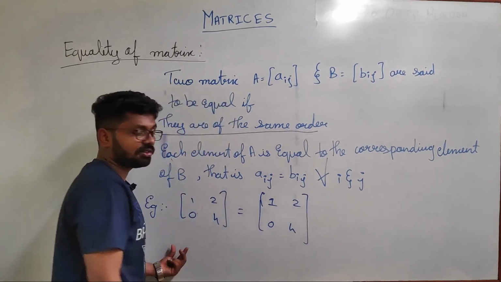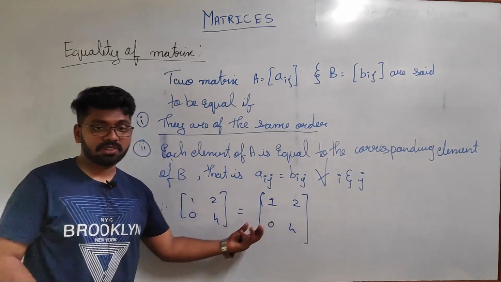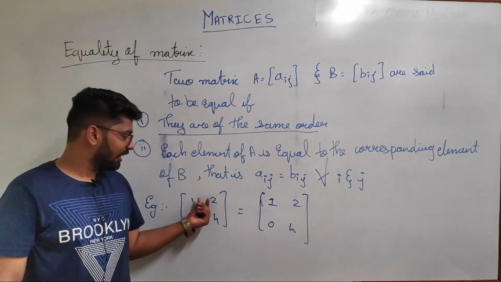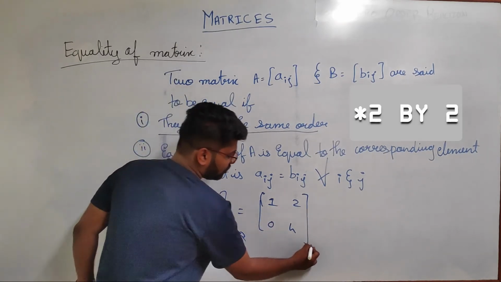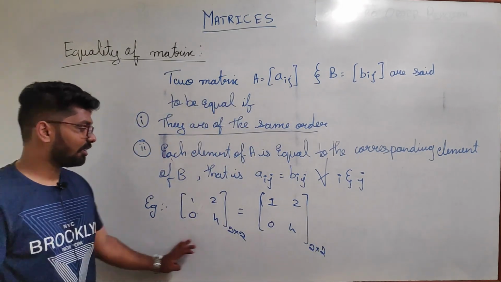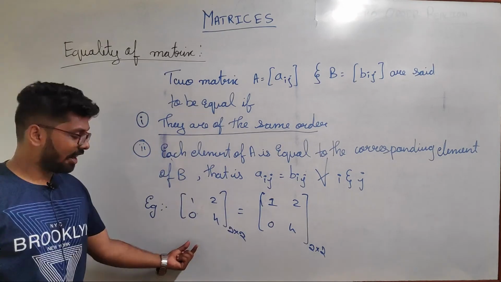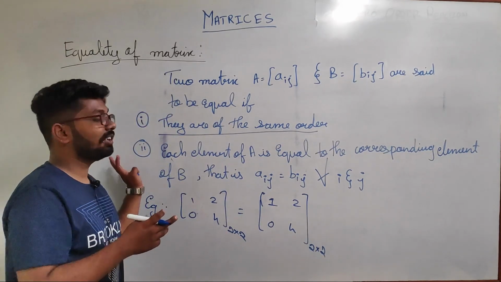We say these two matrices are equal because every element is in the same position, one here is one here, and the order of the matrix is also 2 cross 2. Here it is also 2 cross 2. So these are nothing but equal matrices, and the order should be the same. Okay, then only we call it an equal matrix.